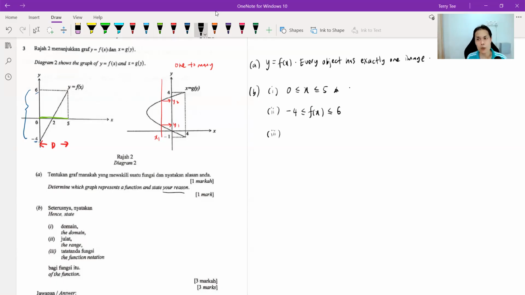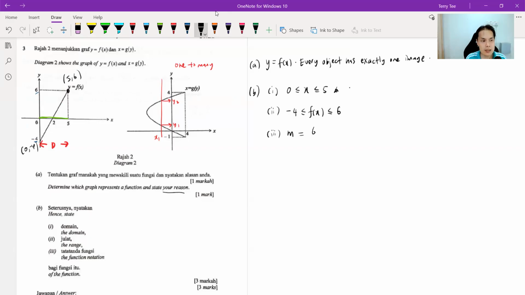And as for function notation, this is a bit interesting. Since it's a straight line, we can apply the y equals mx plus c method, or you can use the coordinate geometry y minus y1 equals m(x minus x1). But since I already have my y-intercept, I just have to find my gradient. Now look at this coordinate here. This is actually (5, 6). This y-intercept is actually (0, -4).